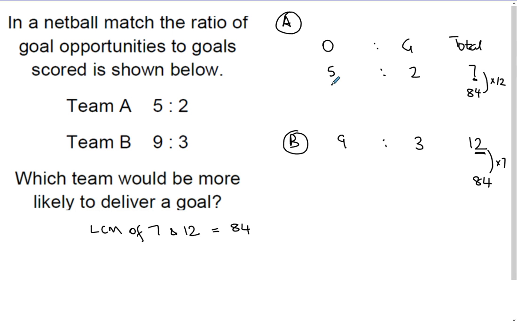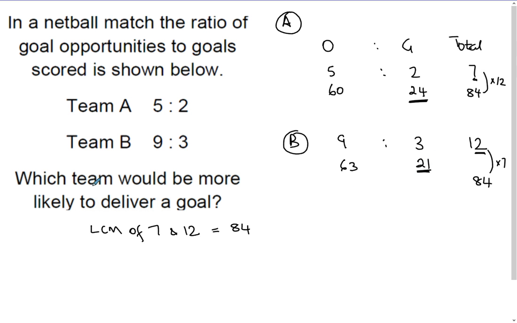So 5 times 12 is 60, 2 times 12 is 24, and we want to find which one would be more likely to deliver a goal, so they would have scored 24 goals in 84 matches. And 9 times 7 is 63, and 3 times 7 is 21.